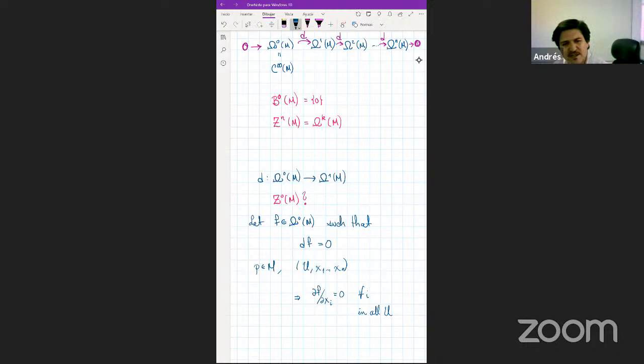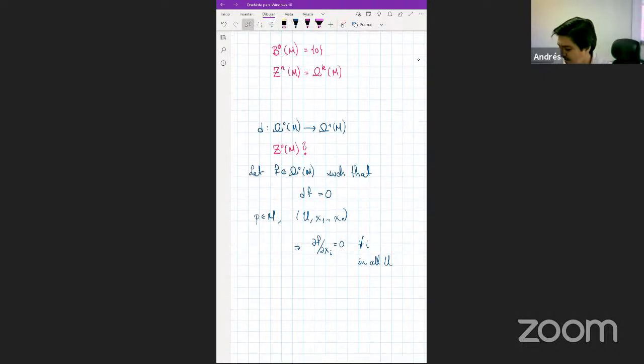Then what can you say about F? It's constant in U. Okay, that's correct. And in global terms, what can you say? In terms of M. So that's correct, it's constant on U. But now, what's going on with F on the whole manifold M?